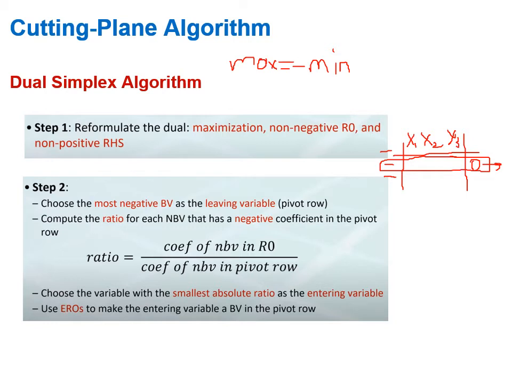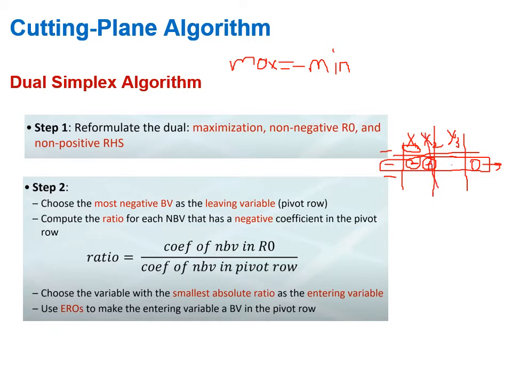Okay, so we take the ratio of x1 in row 0 divided by its coefficient in this pivot row, but only if this is negative. For example, if this value here is positive, we don't consider it in the ratio test.